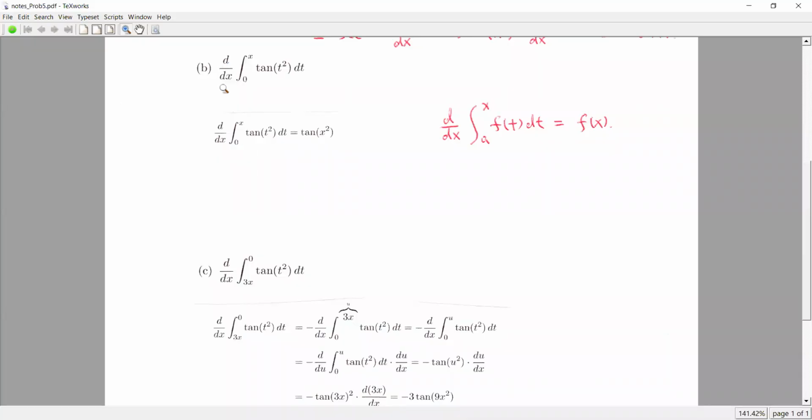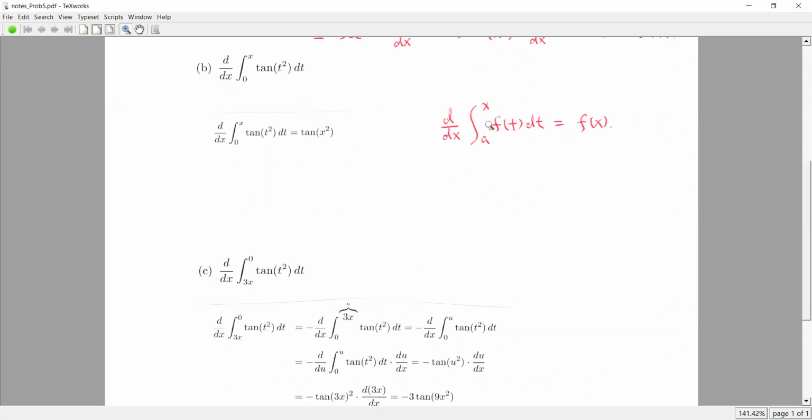Part B. To compute this derivative, I use this formula. This formula is from part 2 of the fundamental theorem of calculus. This formula says that take integral on function f from a to x.